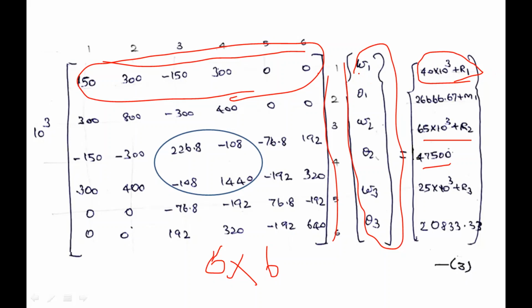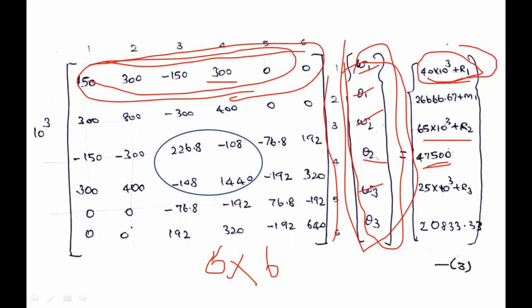Now here W1 = 0, theta 1 = 0, W2 = 0, W3 = 0, so we only have to multiply with theta 2 and theta 3. The corresponding elements are 300 for theta 2 and 0 for theta 3. So 300 theta 2 will be equal to the reaction force. That is, 300 into 10 power 3 theta 2 equals 40 into 10 power 3 plus R1.